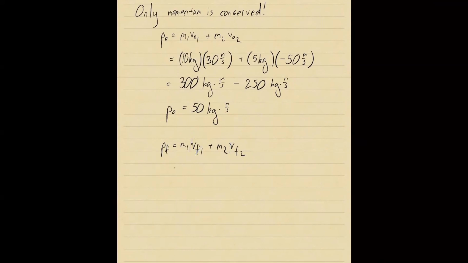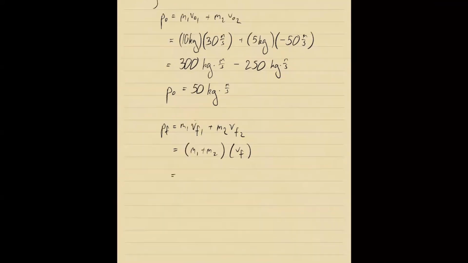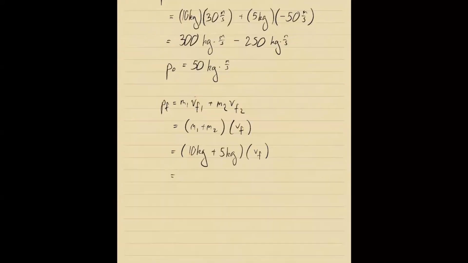So our final momentum is equal to the first mass plus the second mass, because they stuck together, times the final velocity of both of them. We have 10 kilograms for the first ball and 5 kilograms for the second ball, so this is just 15 kilograms times our final velocity for both balls.